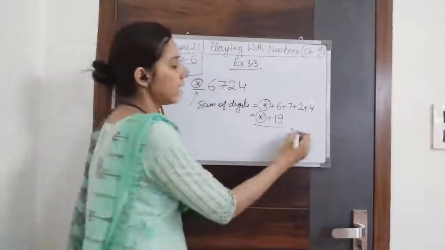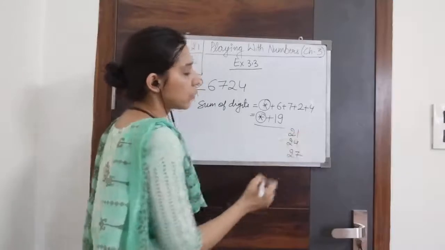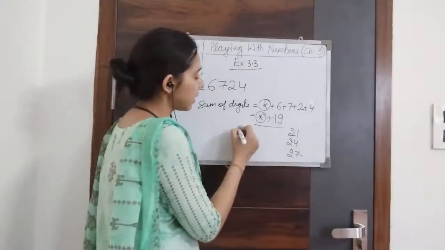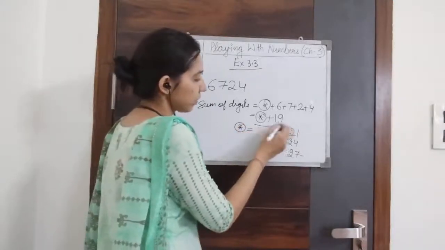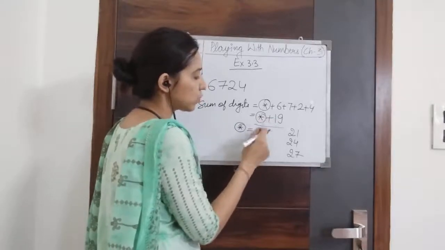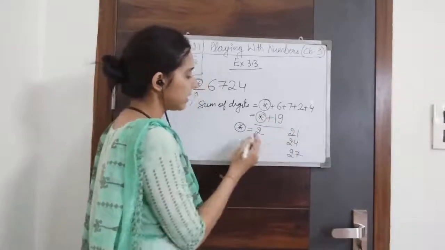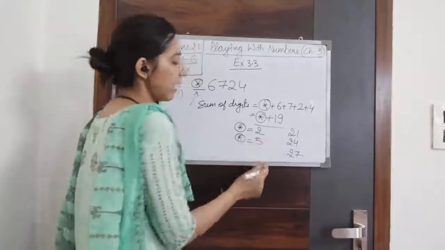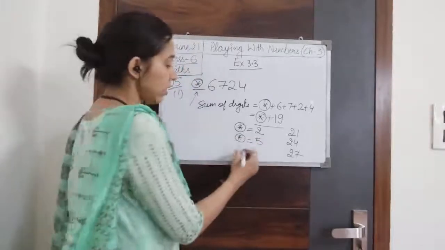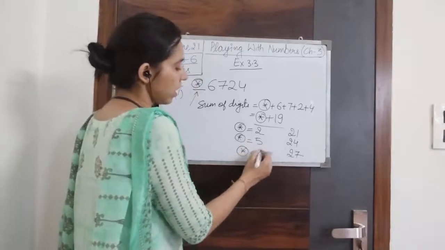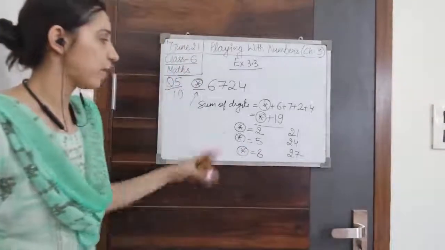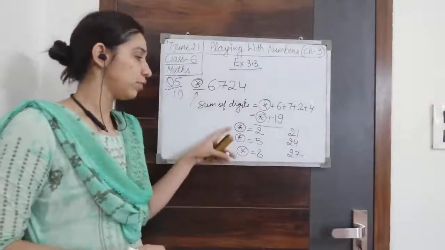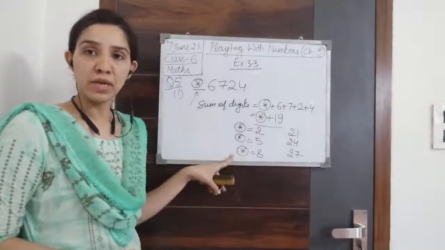In case this number is 21, then star comes out to be 2 because 19 plus 2 will be 21. In case it is 24, star will come out to be 5, and in case it is 27, it will come out to be 8. It means we have three options. It can be 2, it can be 5, it can be 8.